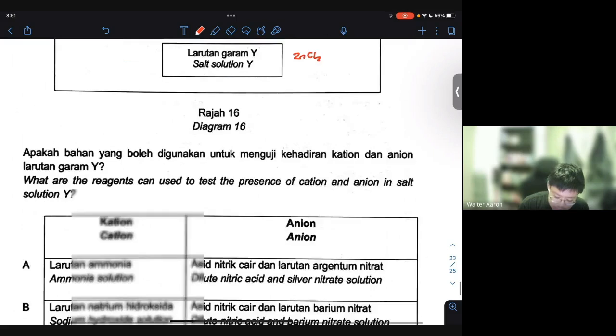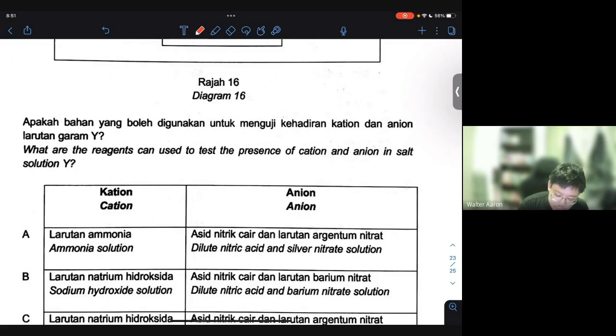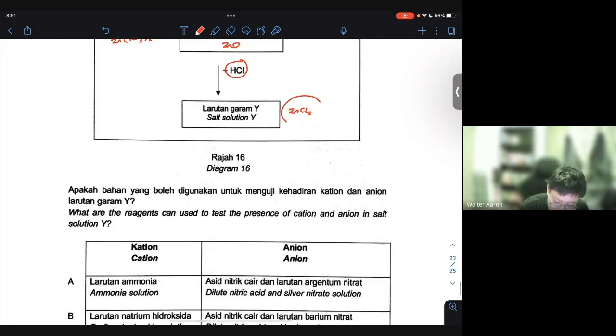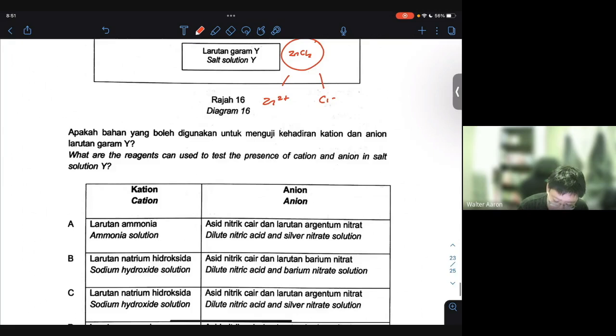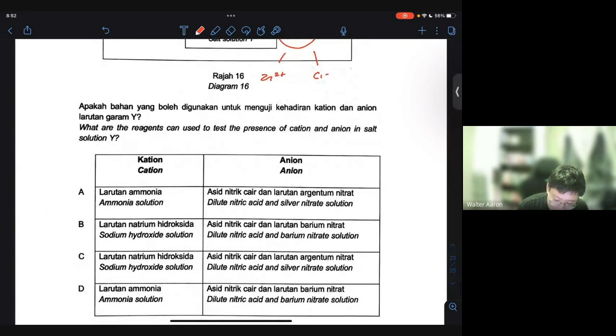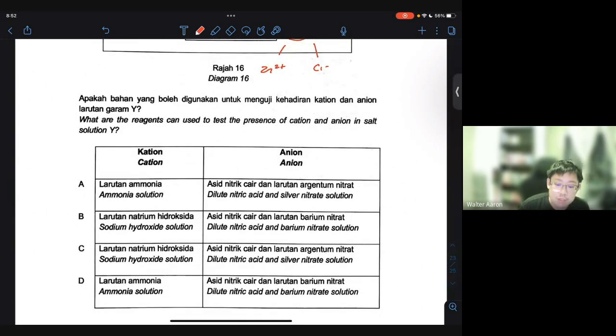Right now they're asking you for a reagent to use to test the presence of cation and anion in the salt solution Y. To test for Zn2+, the best possible one will be either ammonia or sodium hydroxide solution.